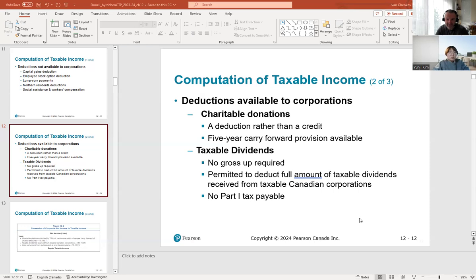Make sense? Kind of. So watch this. Imagine your income is $100. The government gives you a deduction, let's say for registered retirement saving plans.